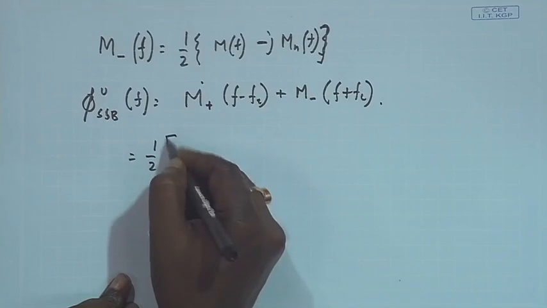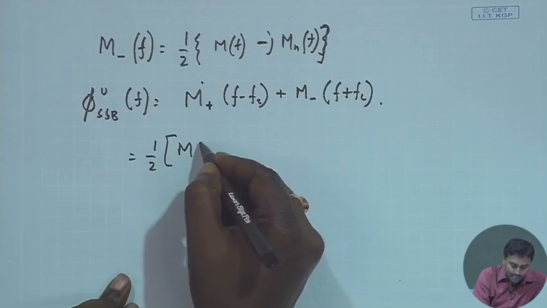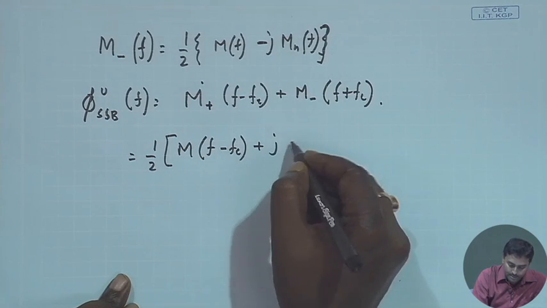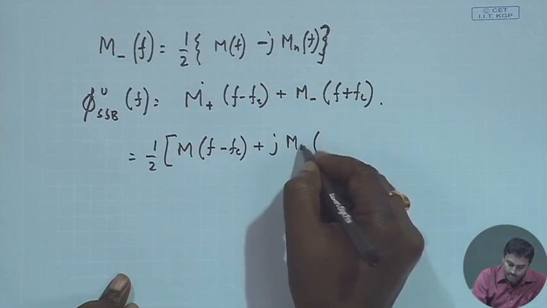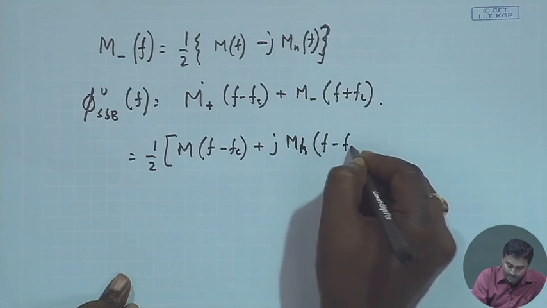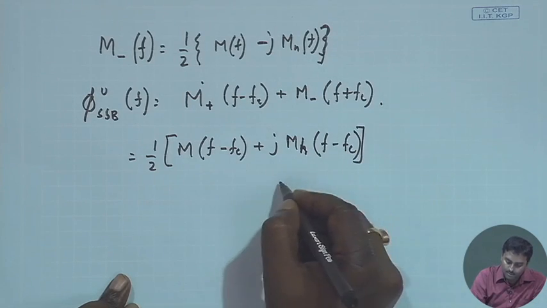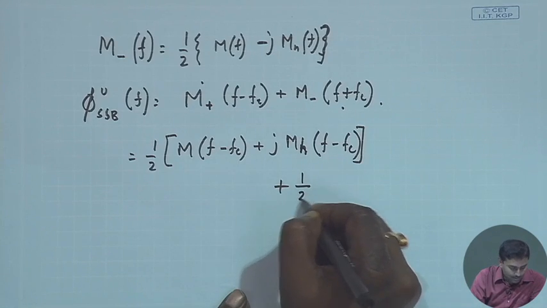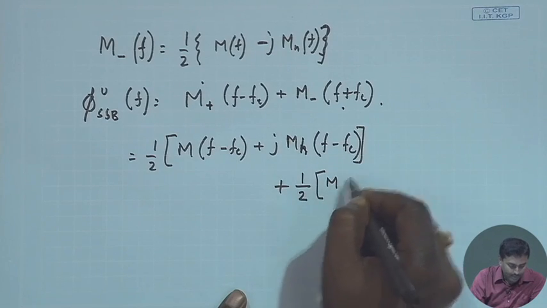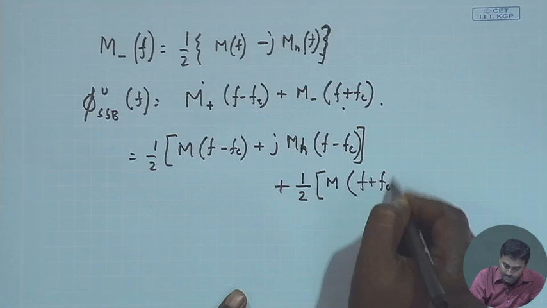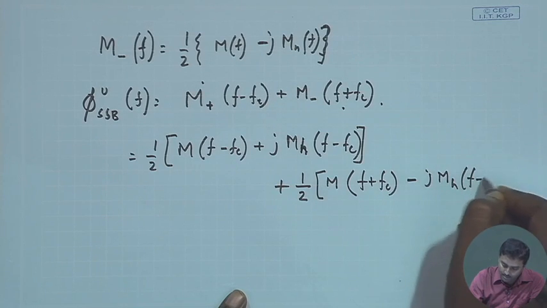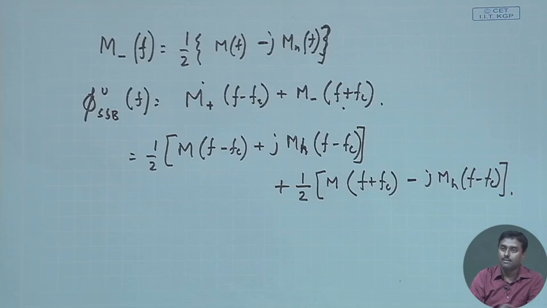So, I can write half, M plus can be written as M(f minus fc) plus j M_h(f minus fc), right, plus this part again I will replace half M(f plus fc) minus j M_h(f plus fc). That is the representation. Okay.